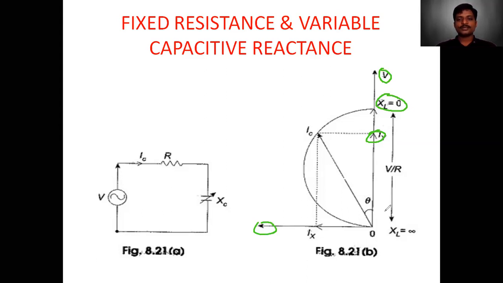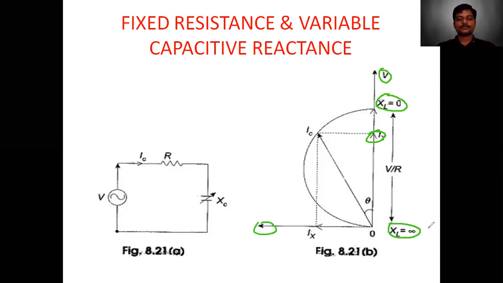Now we will try to take the value of infinite capacitance, or reactance equal to infinity. Capacitance is expressed in farads, but reactance is expressed in ohms. So XC equals 1 by 2 pi Fc for capacitance, and for inductance XL equals 2 pi FL.